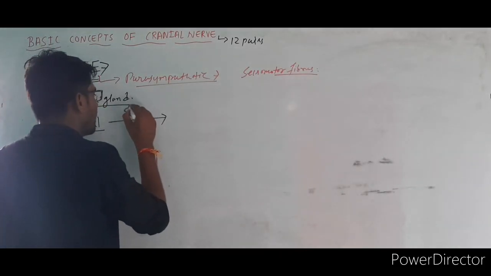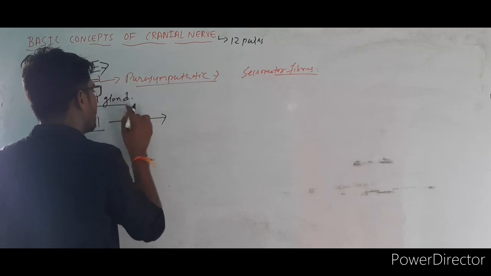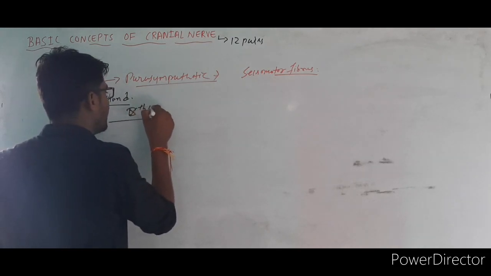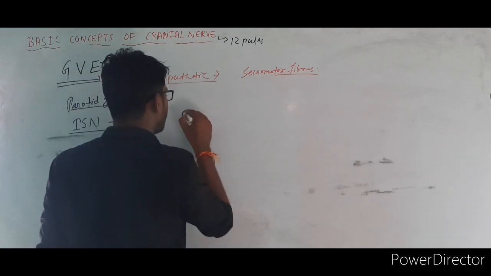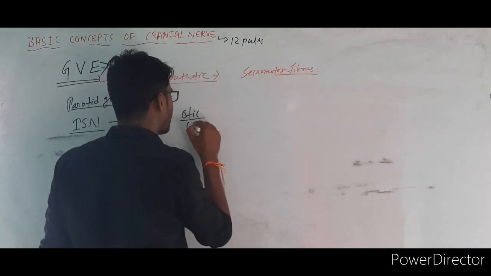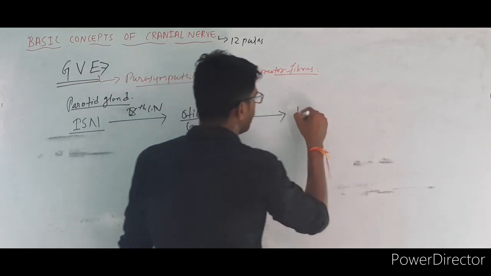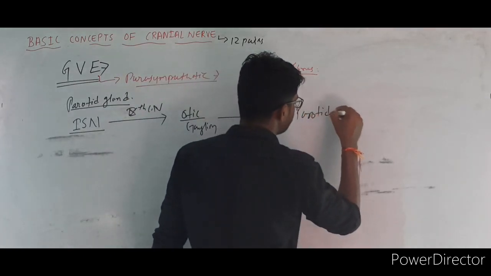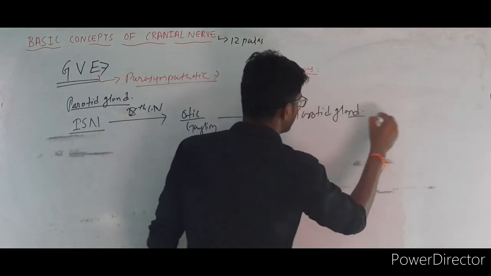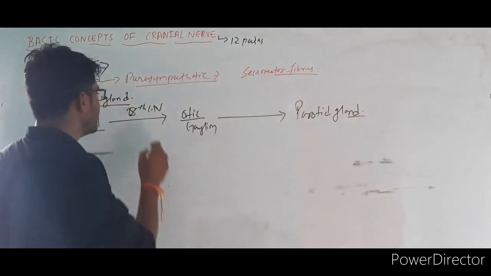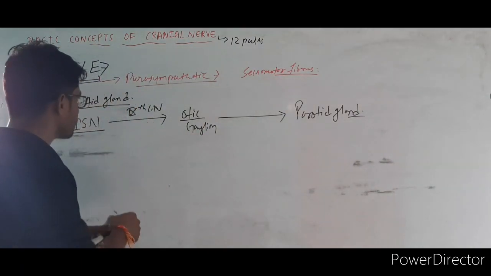So it is the ninth cranial nerve, and from here it goes to the otic ganglion, and from the otic ganglion it goes to the parotid gland.